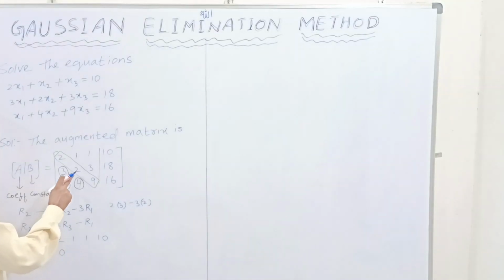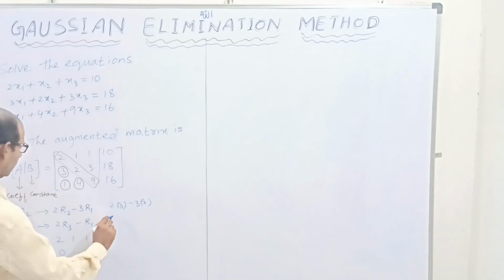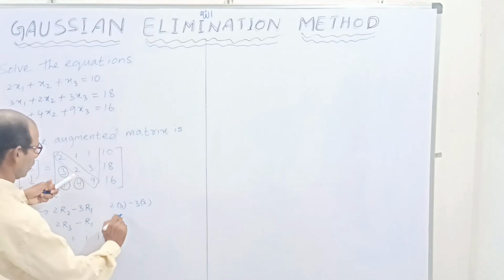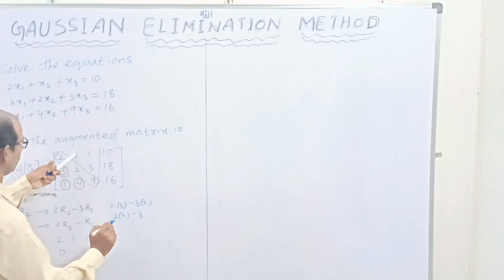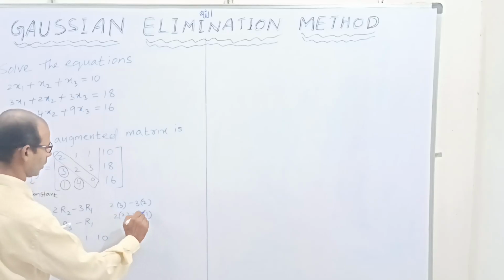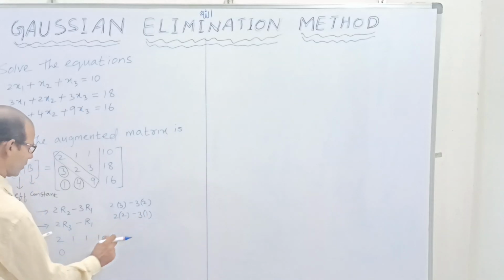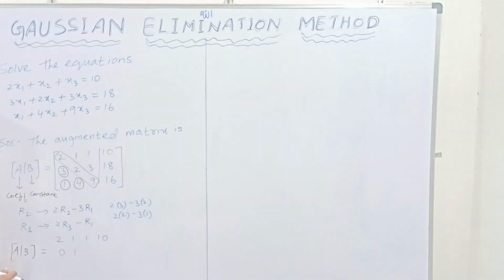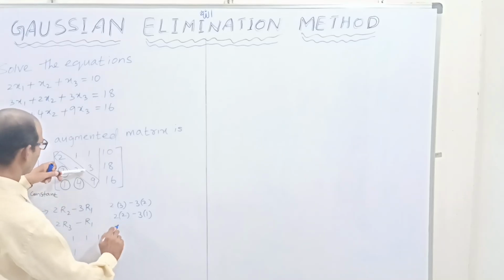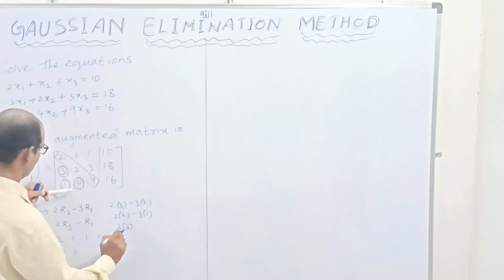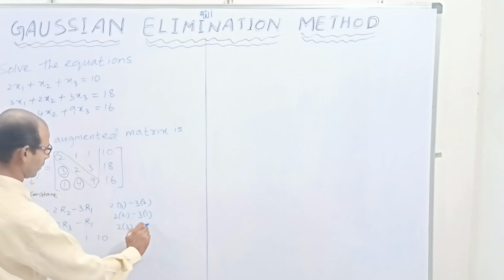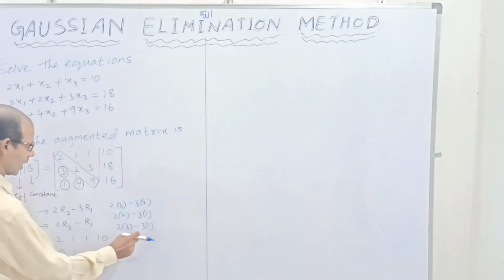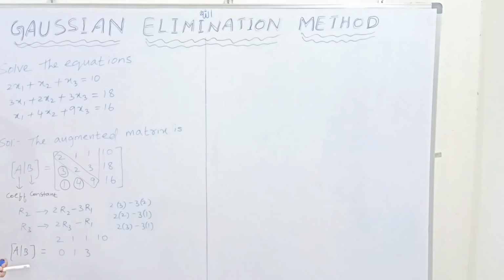Next element: 2R2, so that is 2 into 2, minus 3 into R1, that is 1. So 2 into 2 is 4, 4 minus 3 is how much? 1. Similarly for the third element also, 2R2 minus 3R1, so that is 2 into 3 is 6, 6 minus 3 is 3, right?